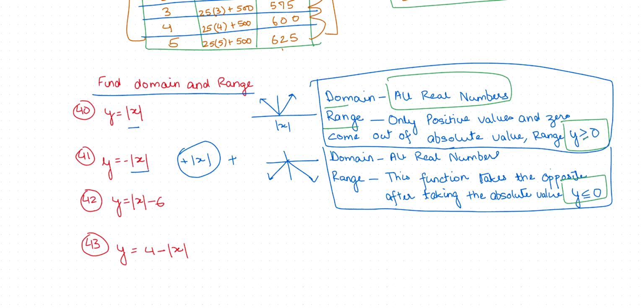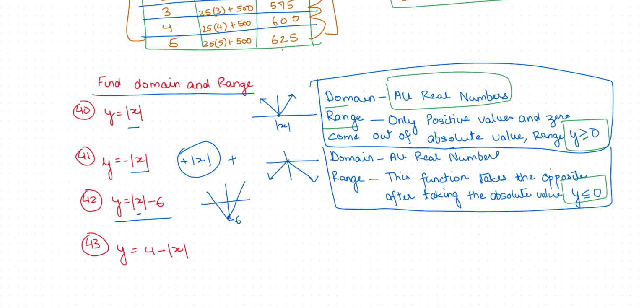In 42, again the domain will be all real numbers because absolute value can take all the real numbers as input. But this graph moves 6 units down. So it was 0 here. It moves 6 units down like this. Okay, this is -6. So the domain is all real numbers and only positive numbers come out of this absolute value.